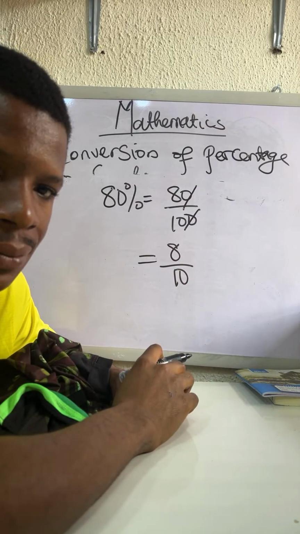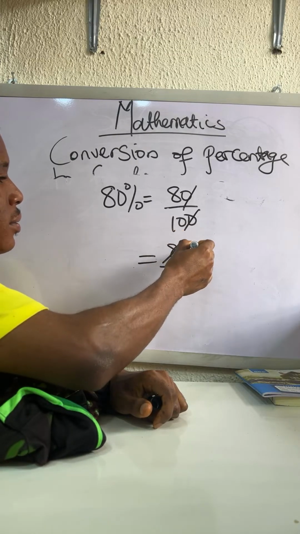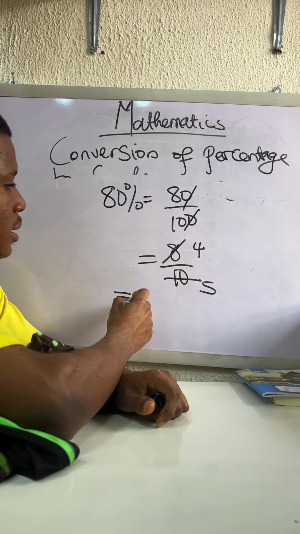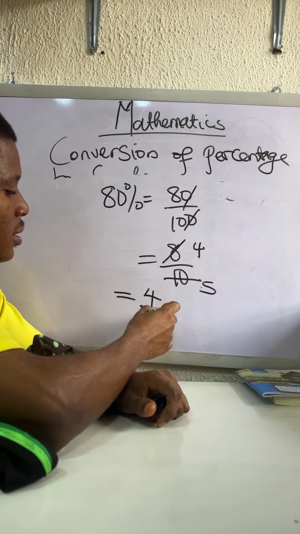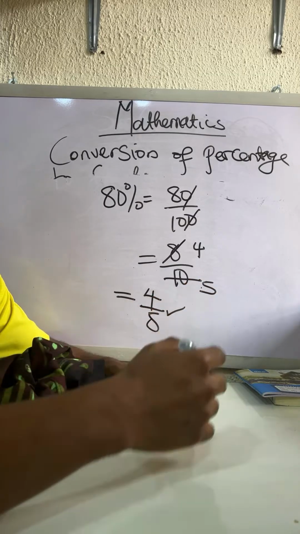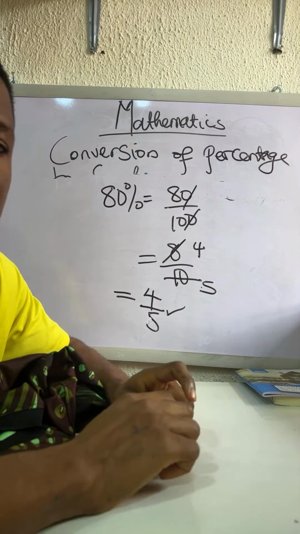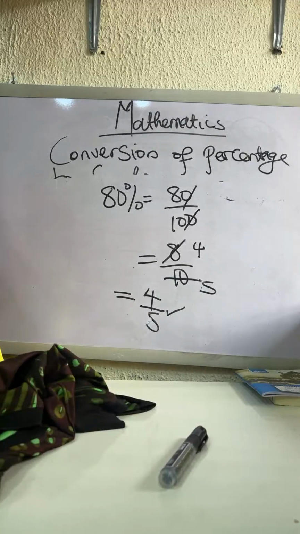Are you following? Then the next thing you do is divide by 2 to get 4, divide by 2 to get 5. So basically, what do you observe? That 4 over 5 is the same thing as 80%.